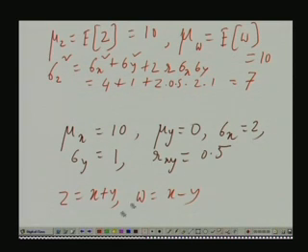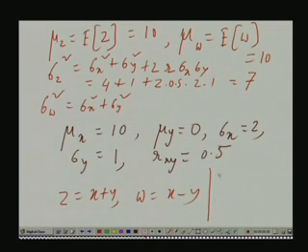Similarly, what is sigma w square? Sigma w square is the expected value of w minus its mean, whole square.